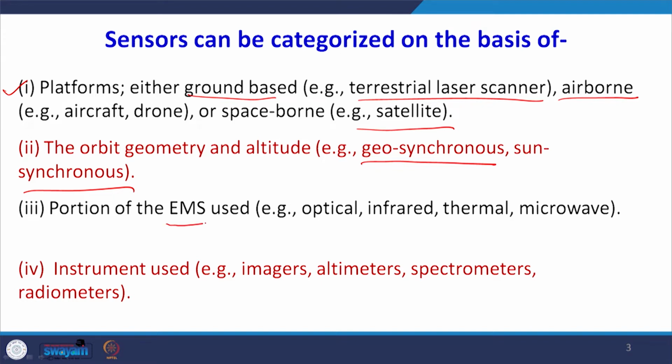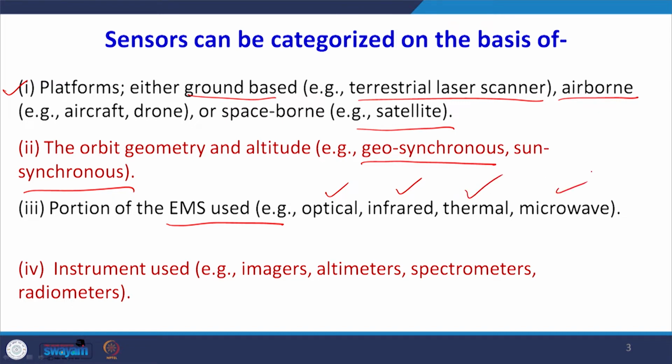Then which portion of the electromagnetic spectrum is used is also important, and the sensors have been designed to operate in those parts of the spectrum. We have optical sensors which work in the visible part of the spectrum, then the infrared part, the thermal part and the microwave part.